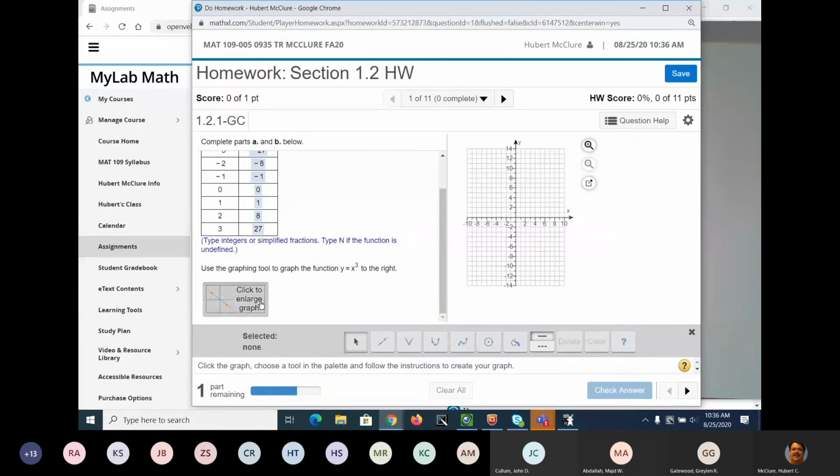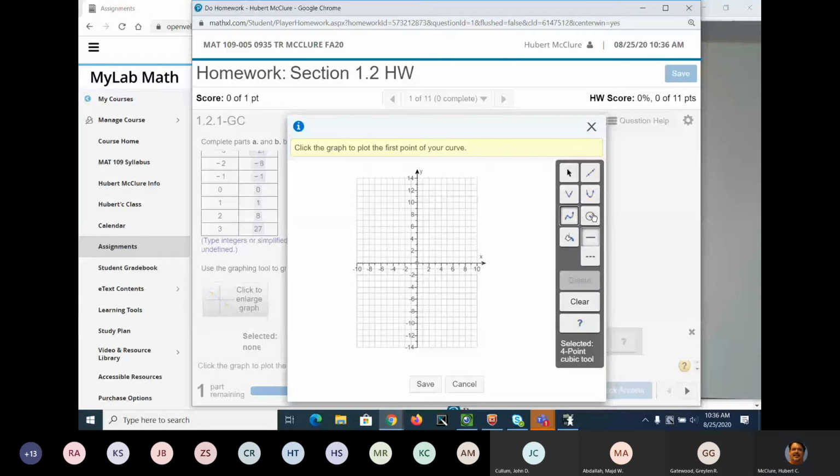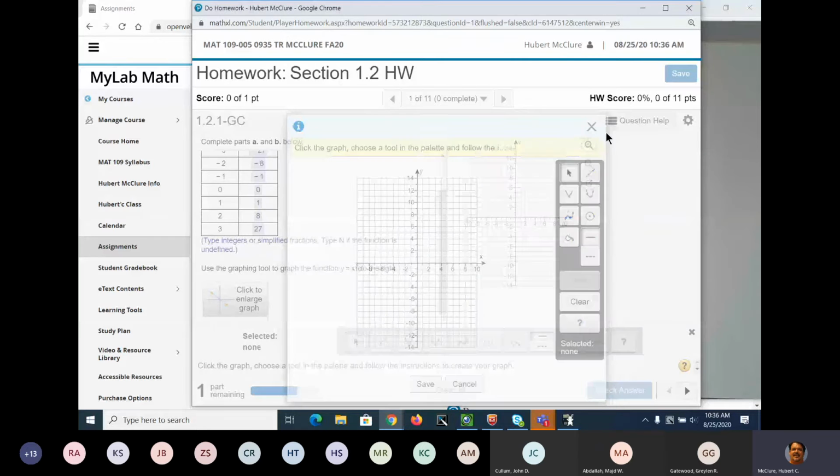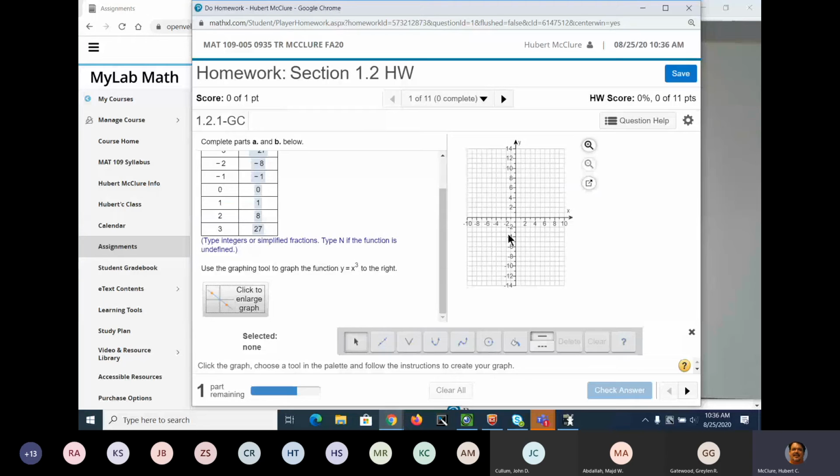Let me try this one. -2, -8. 0, 0. It's still not doing it. It's supposed to be doing better than that. Let's see how y'all's does when y'all do the graph, but I can't get it to work. Let's go on to another problem.